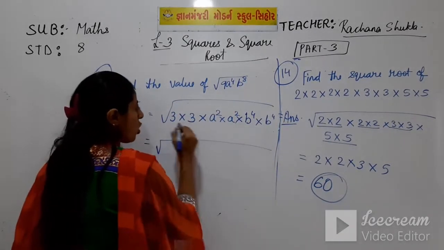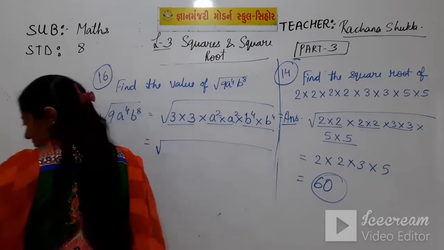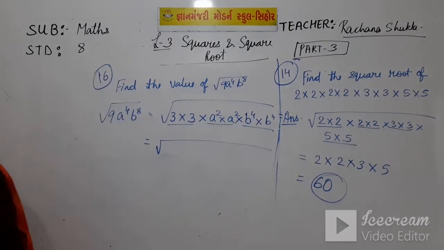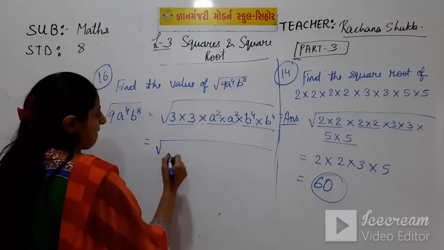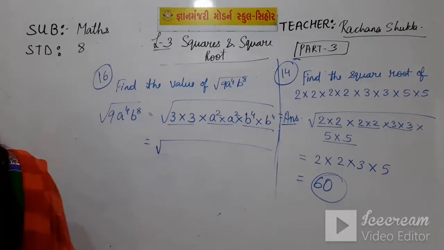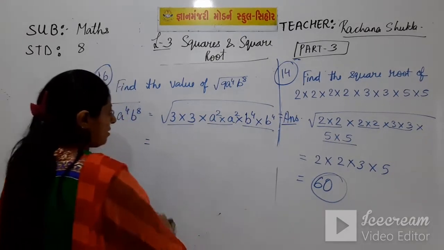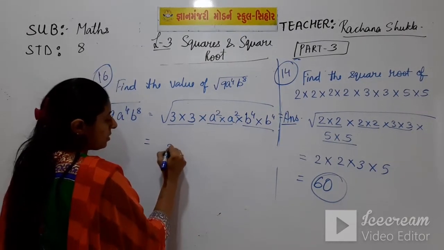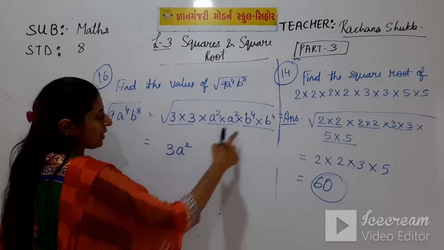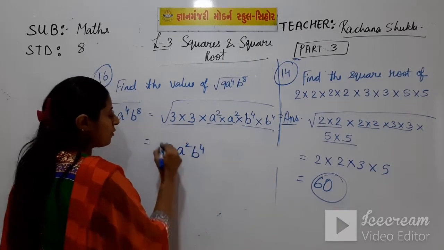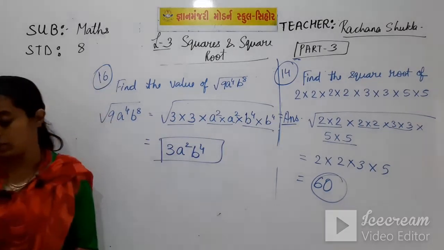Now take out the common things. The common is 3 from here, a square from here, and b to the power 4 from here. So this is your answer.